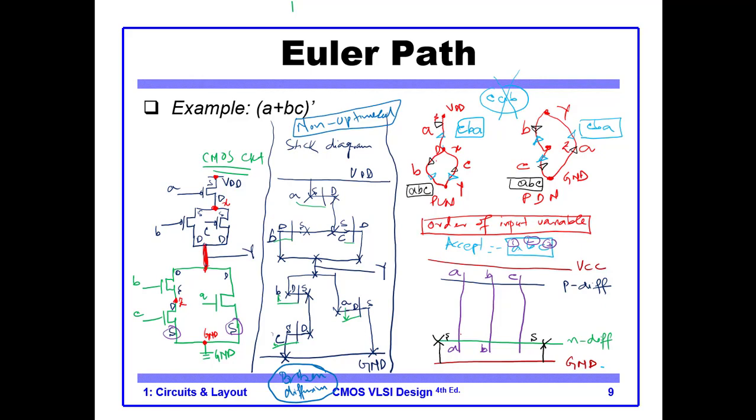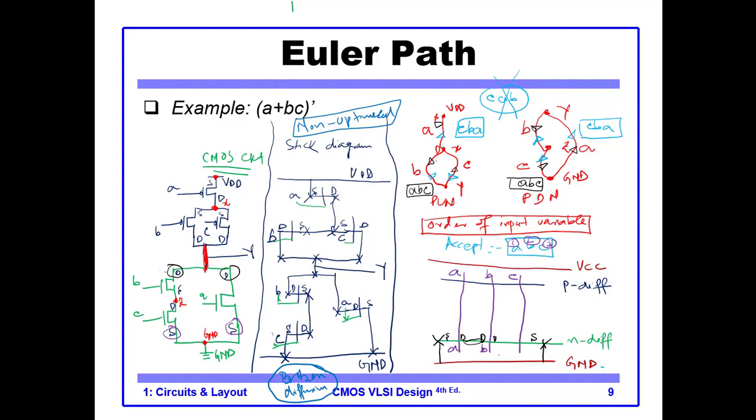Then the drain of C and the source of B are connected. The drain of B, let me correct this, the drain of B and the drain of A are connected. So we have these two connected here on this line.